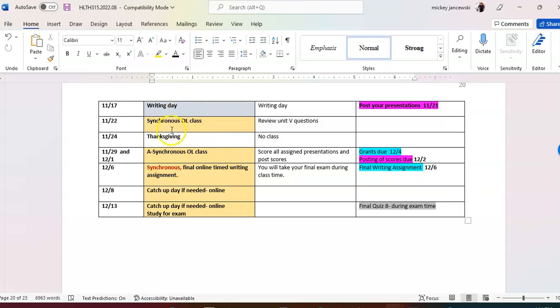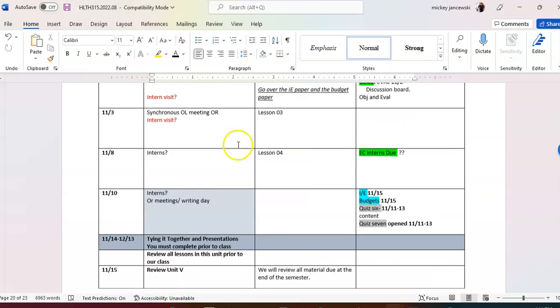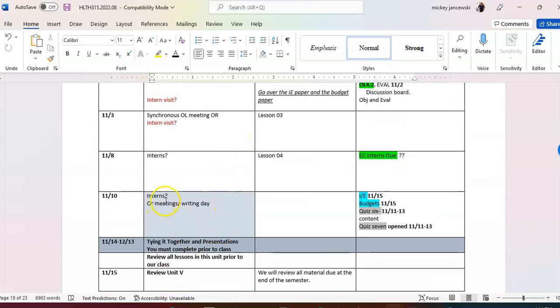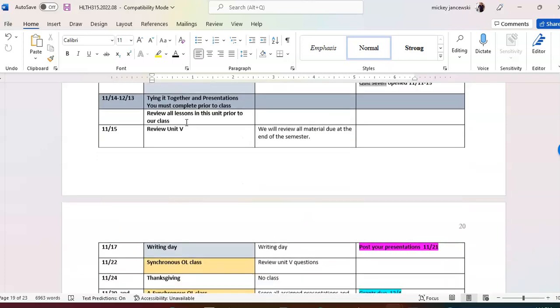Blue will be either synchronous or asynchronous, and orange will be synchronous or asynchronous. It will be very clear because I'll go through here one more time to fix that.